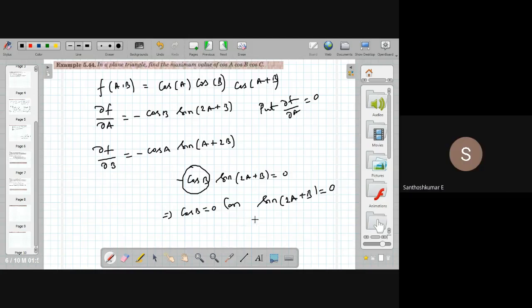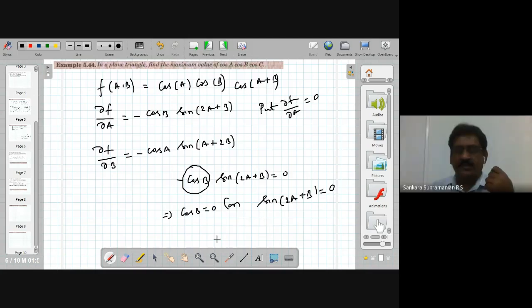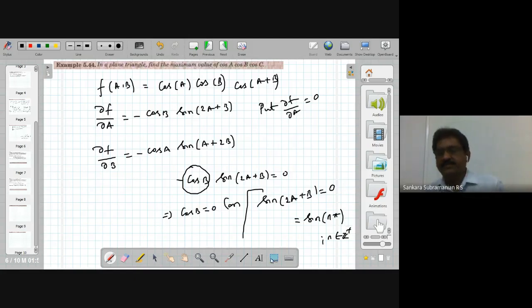B equal to pi by 2 can be put here. Here sin of 2a plus b is in the expression, this one is not in the expression. So we take sin of 2a plus b equal to 0. For sin 0 we can put 0 or sin of n pi, where n belongs to the integers.